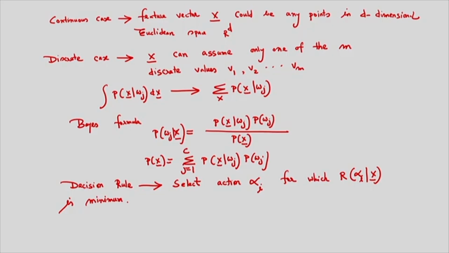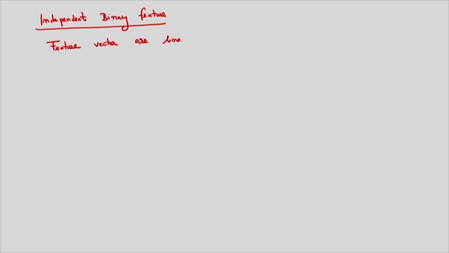Now let us consider the independent binary features. So what is independent binary feature? So the feature vector has binary valued components, and we are considering they are conditionally independent.